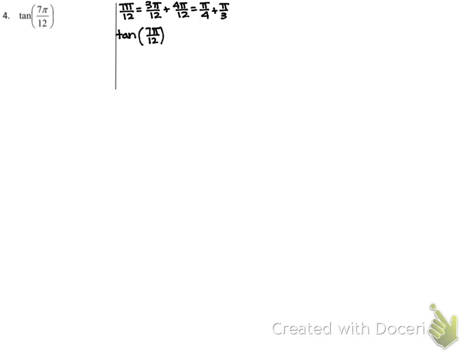I'm going to rewrite as tangent of pi over 4 plus pi over 3. And then I'm going to use the tangent expansion. So it's tan of the first, match the positive, tangent of the second, over 1, flip the positive, tangent of the first, tangent of the second.